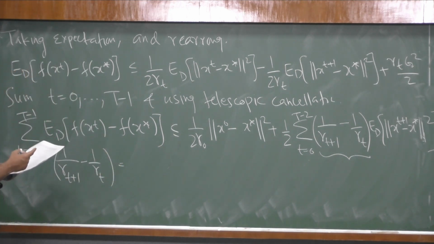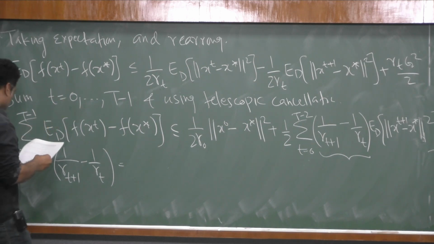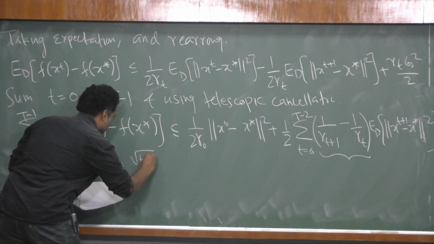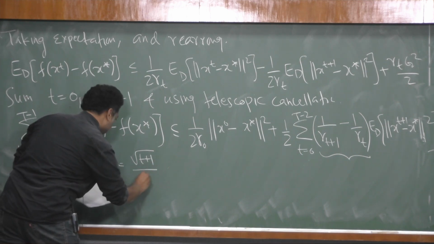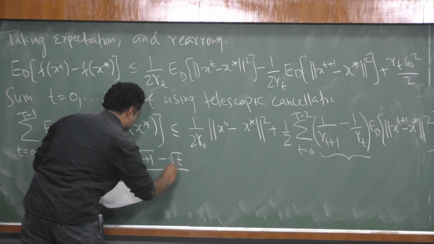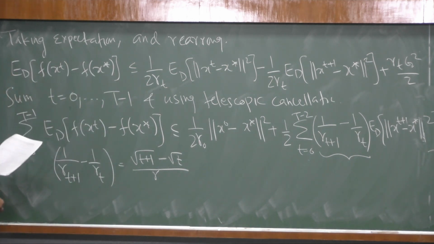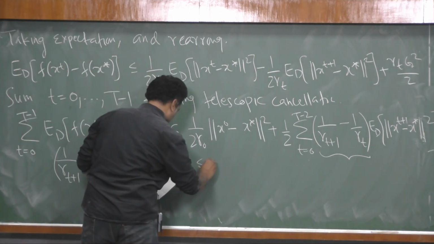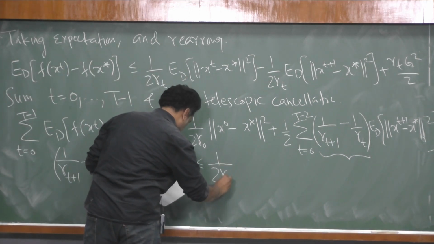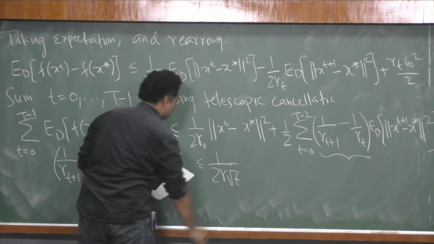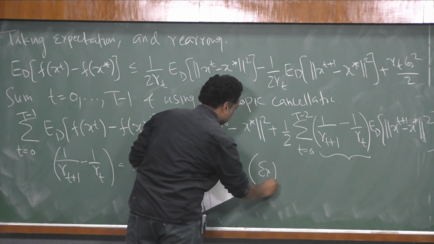Gamma t is gamma by square root of t plus 1. So we will substitute that. This will be square root of t plus 1 minus square root of t, by gamma, and this will be less than or equal to 1 by 2 gamma square root of t. I leave this as an exercise for you.